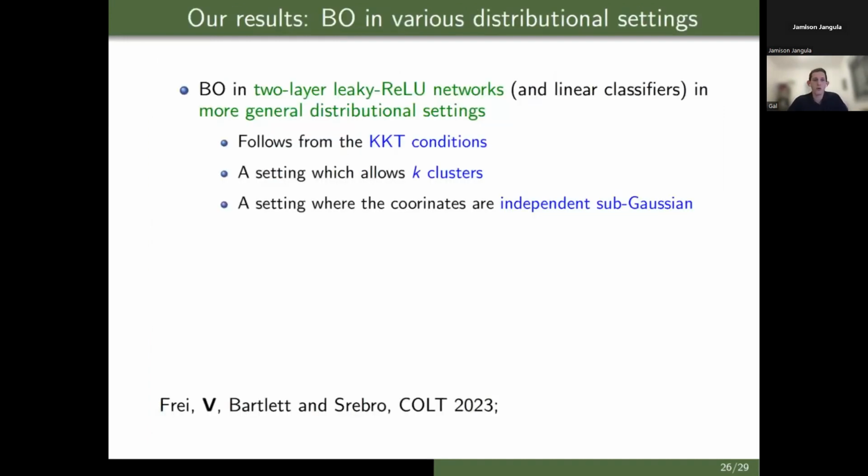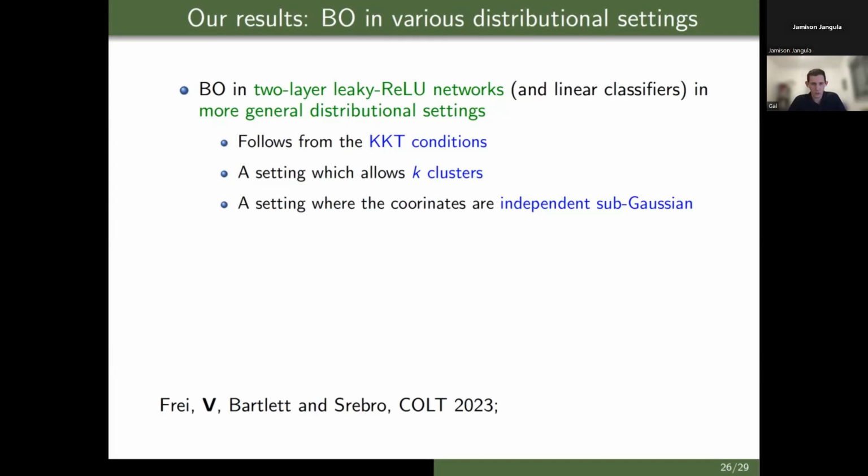In a recent work, we showed that in two-layer leaky ReLU networks, we get benign overfitting in distributional settings which are more general than this distribution of two opposite clusters that I mentioned. And in order to prove it, we used the KKT conditions of the max margin problem, and we showed that every KKT point in our setting exhibits benign overfitting.